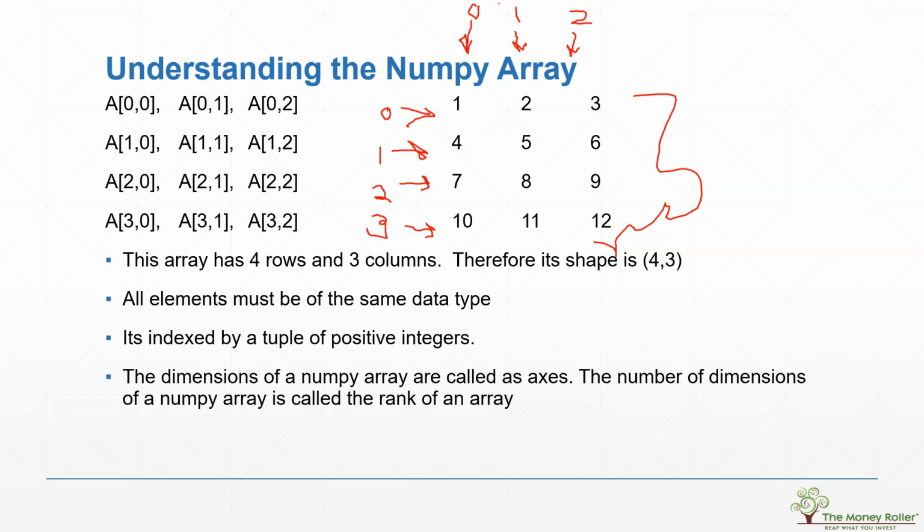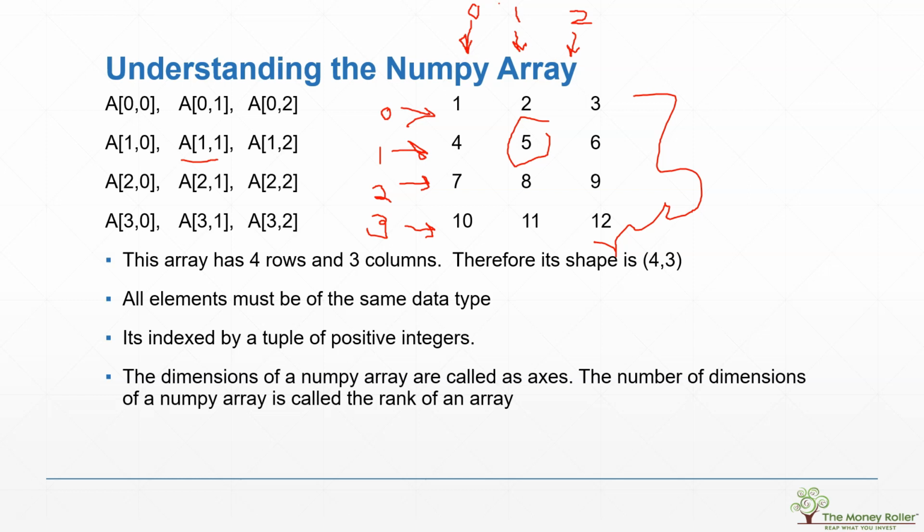Now whichever element of this array that you want to access, you have to use its row number and column number in this fashion. Okay, so if I want to access 5, it is in row 1 and column 1. So if this array is called A, I have to do A[1,1] and I'll access this.